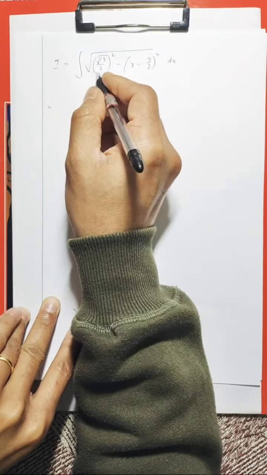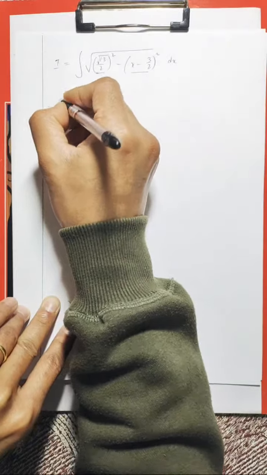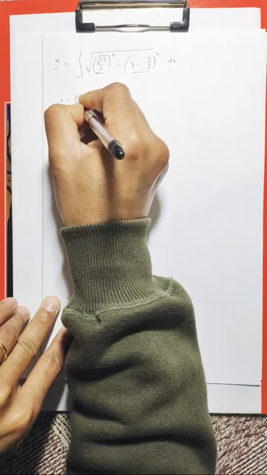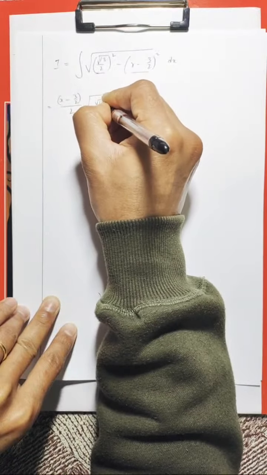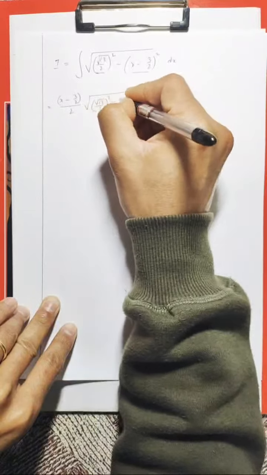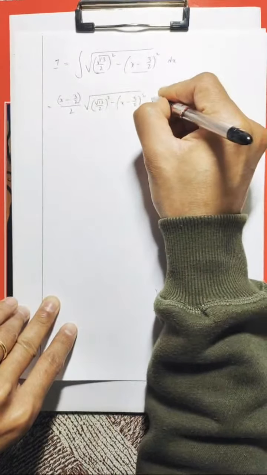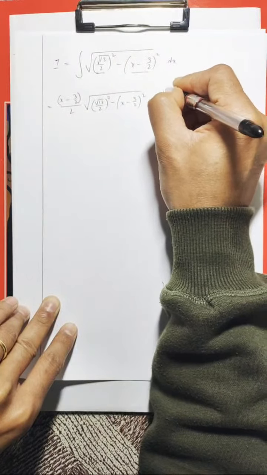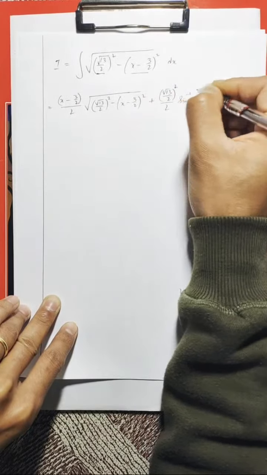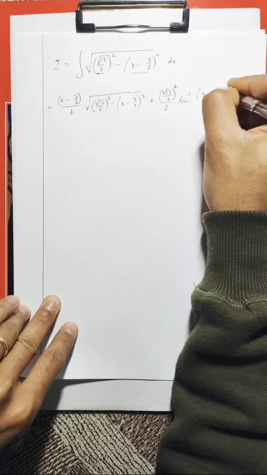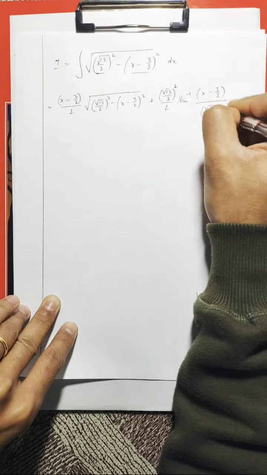So the a square minus x square formula is x by 2 root over of a square minus x square plus a square by 2 sine inverse x by a plus c.